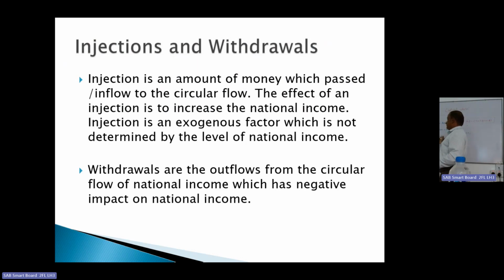If there's a rise in the inflow, that will increase the national income. If there's a decrease in the inflows, that will decline the national income. Withdrawals are the outflows from the circular model, which have a negative impact on national income. Higher withdrawals mean a decrease in national income.